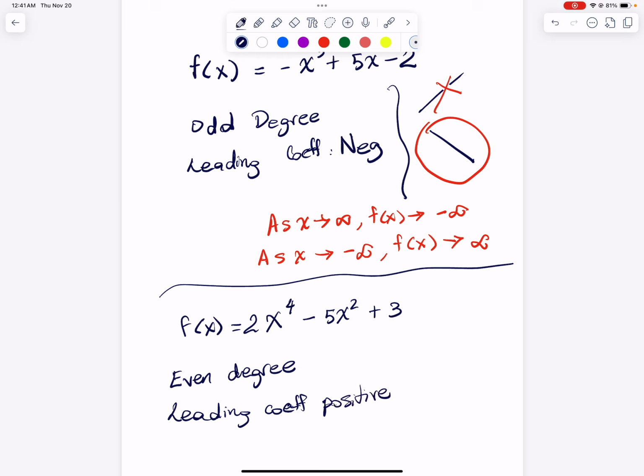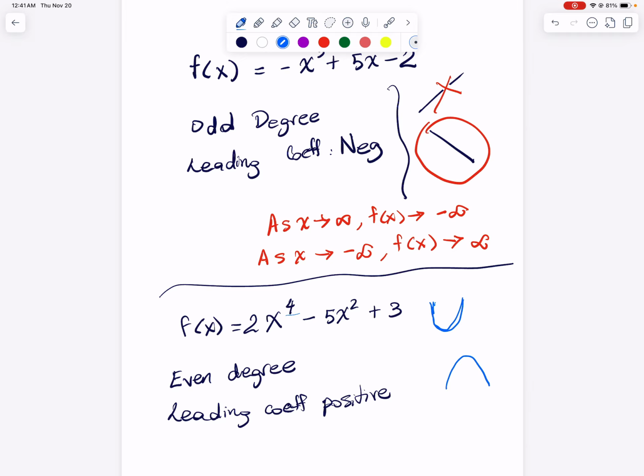All right, so the fact that our degree is even tells us that our graph generally will look similar to a quadratic. So it will look similar to this or to this. And again, remember, because it's a quartic, it's not going to look exactly like a quadratic. It will have turning points that a quadratic does not have.